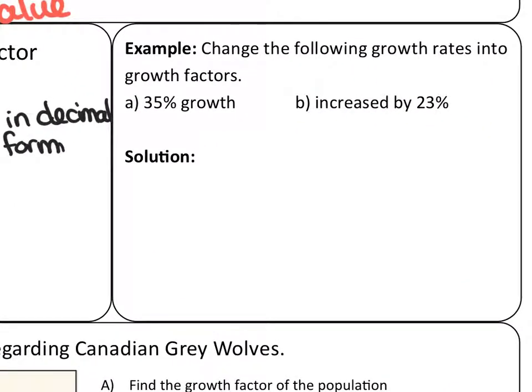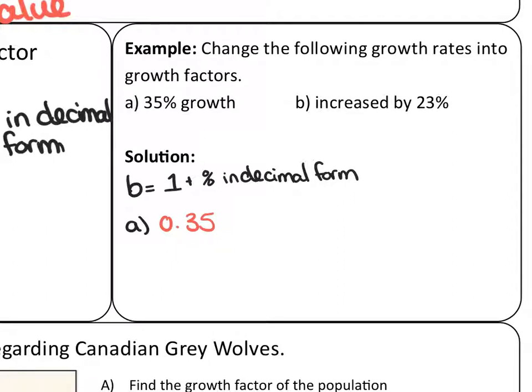Right next here it says change the following growth rates into growth factors. So for A, again, it's 1 plus the percent in decimal form. It tells us that we have a 35% growth. Now what you're going to do is change that 35% into a decimal, and when we do that we get 0.35.